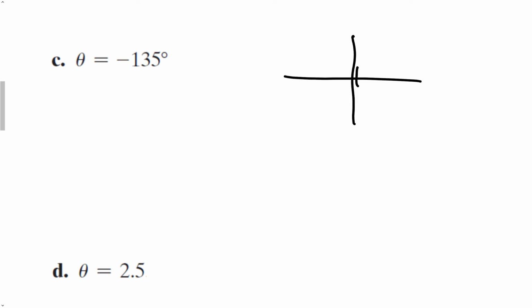Again, the trick to doing these problems is to know where that is. Well, negative, so that means I'm going this way. All right, so that's 90, that's 180, so negative 135 degrees is something like that. Okay. Now, I'm in the third quadrant.